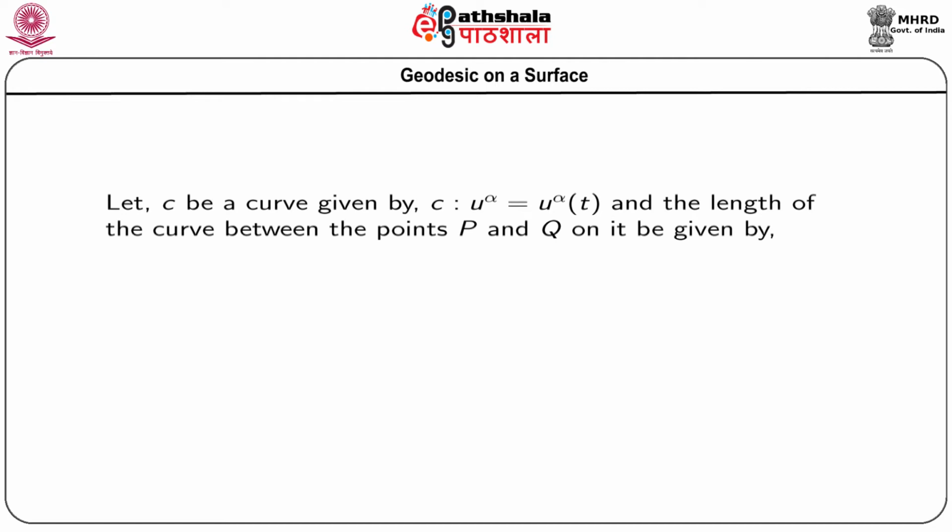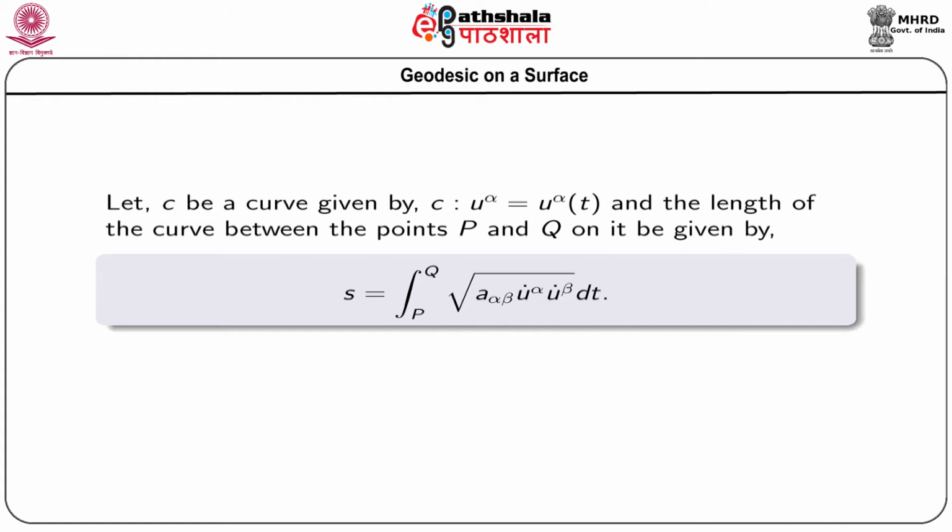So, u 1 t and u 2 t is a curve on the surface, and the length of the curve between the points P and Q on it will be given by S equals the integral from P to Q of root over A alpha beta u dot alpha u dot beta dt. This expression we have obtained earlier.